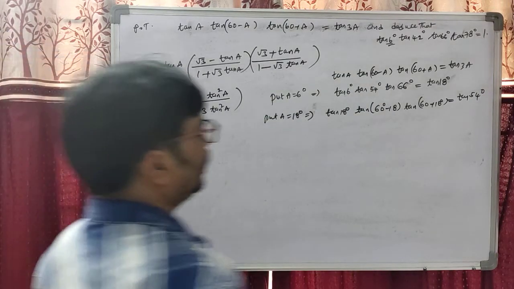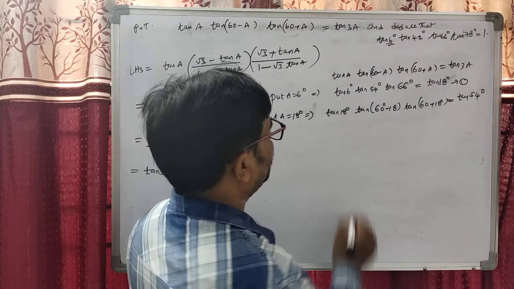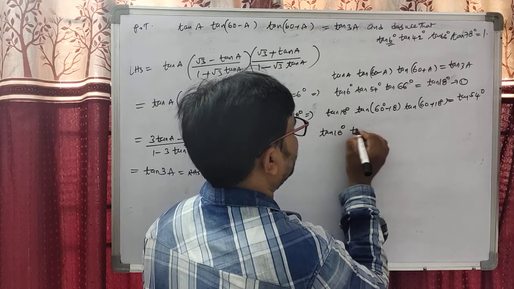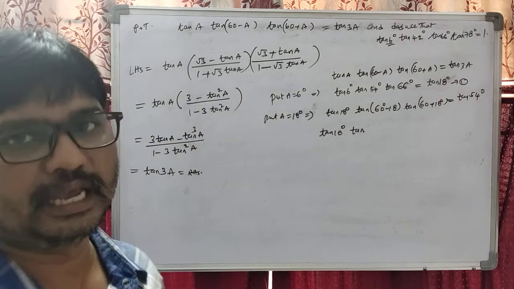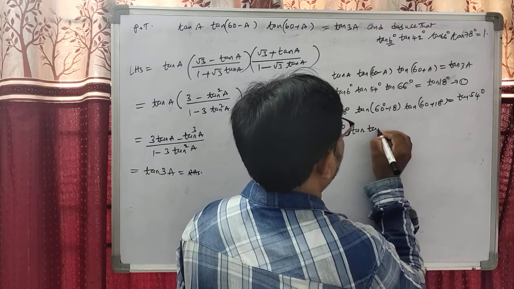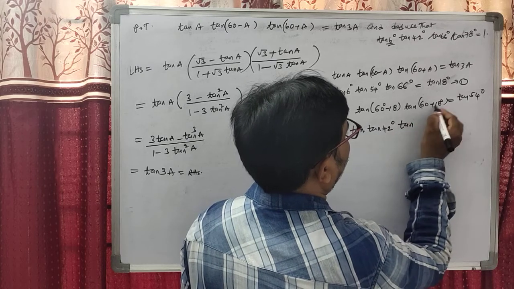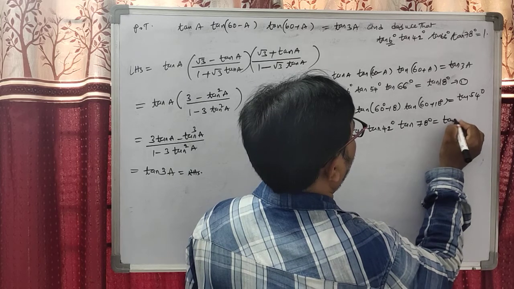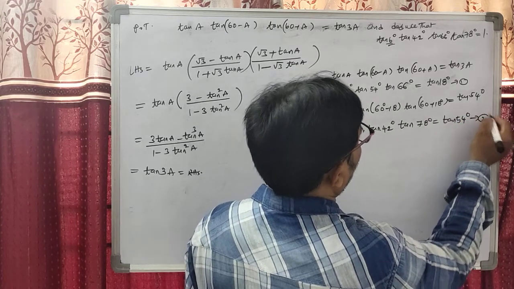How can you write this? Tan 18, tan 42 (60 minus 18 is 42), and tan 78 degrees equal to tan 54. This is the second equation.